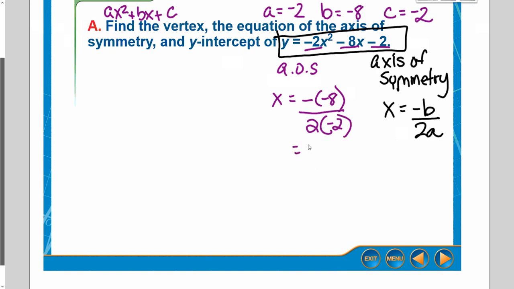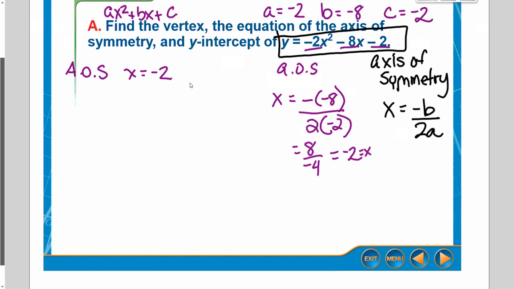Okay, we do the math. A negative times a negative is positive, and 2 times -2 is -4. 8 divided by -4 is -2. This is what x is equal to. This is our axis of symmetry. So let me write that really nice: the axis of symmetry is x is equal to -2.